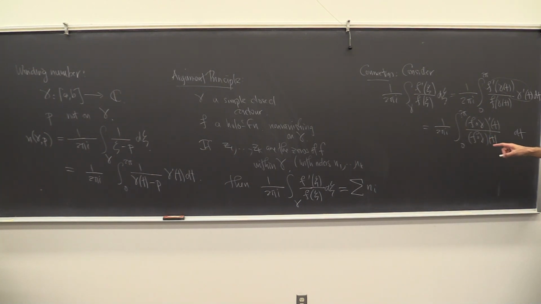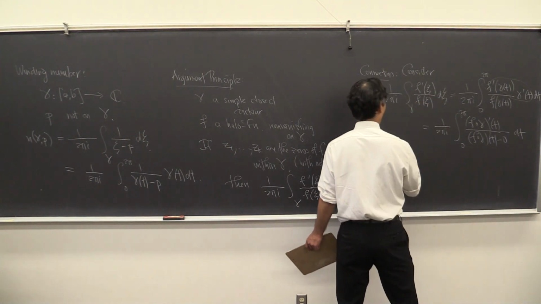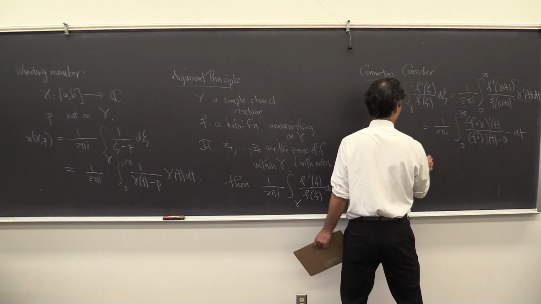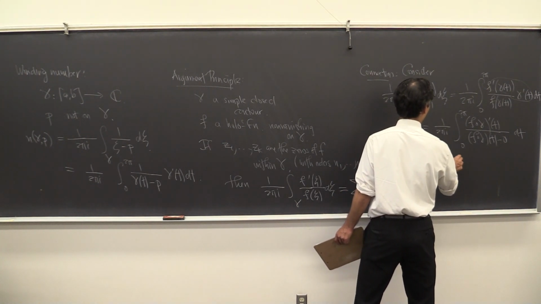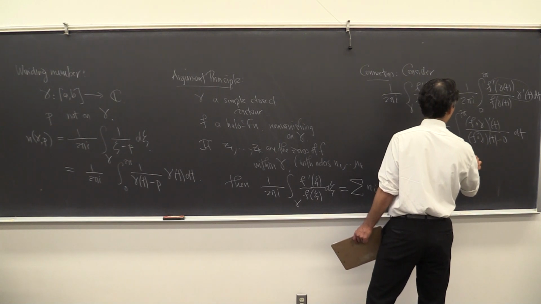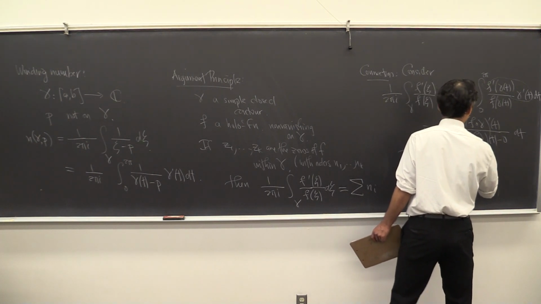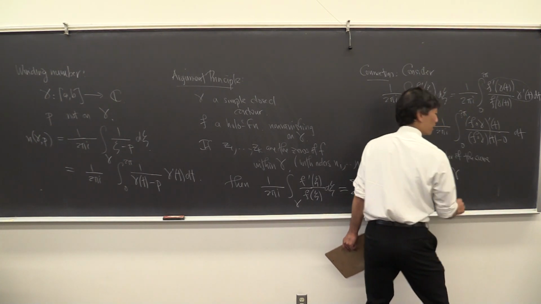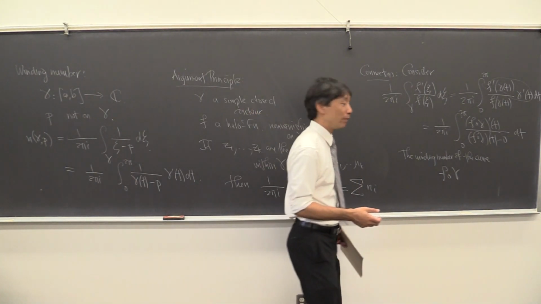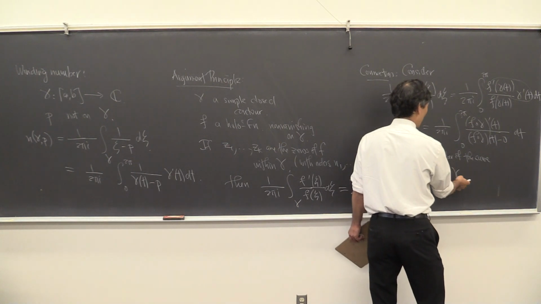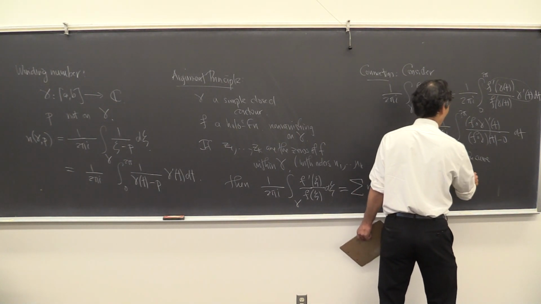So if I put in a minus 0 here, then this is the winding number of the curve f composed with gamma, the image of the curve gamma through f, around 0.